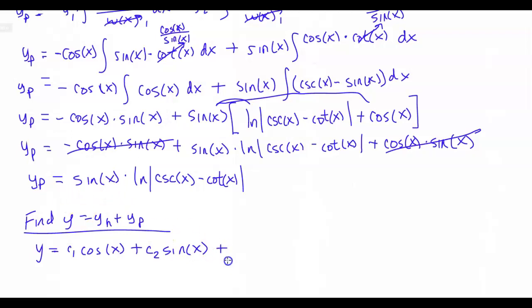And then we're going to add on our particular solution, which is sine of x times natural log of absolute value of cosecant x minus cotangent x. And so this ends up being our actual solution to our non-homogeneous equation.